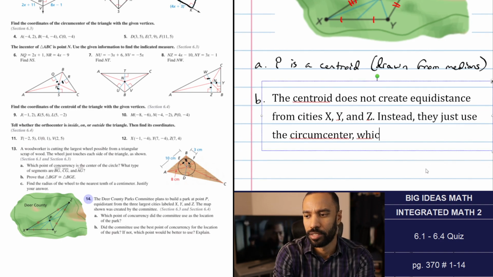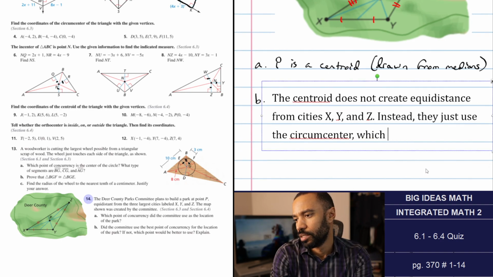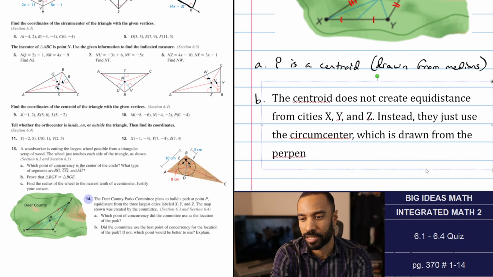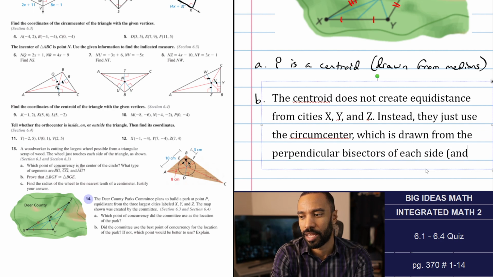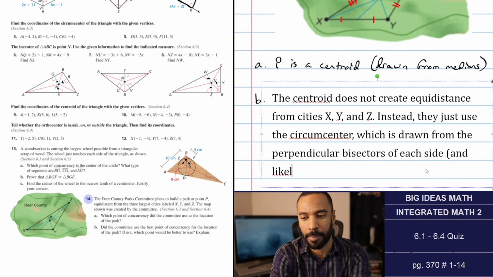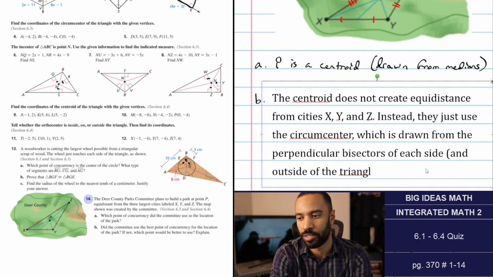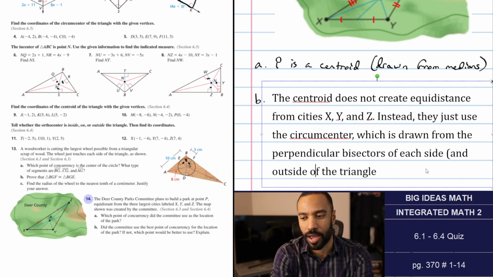which is drawn from the perpendicular bisectors of each side and likely outside the triangle. I mean, this is outside the triangle because the triangle is obtuse.